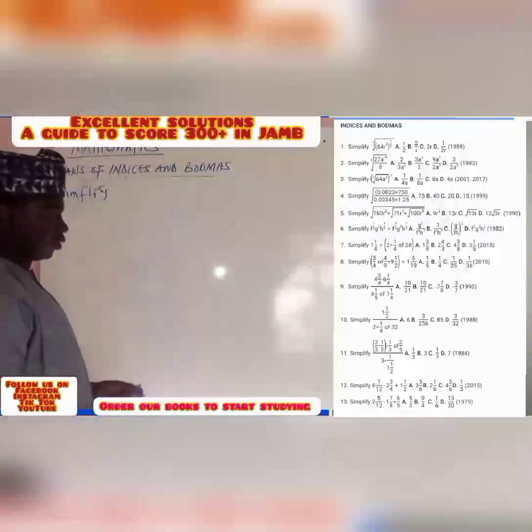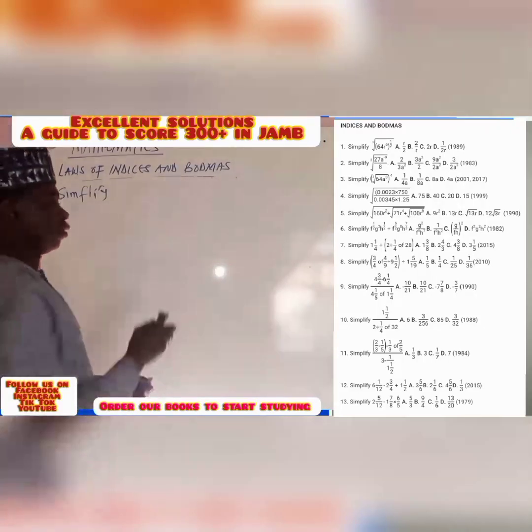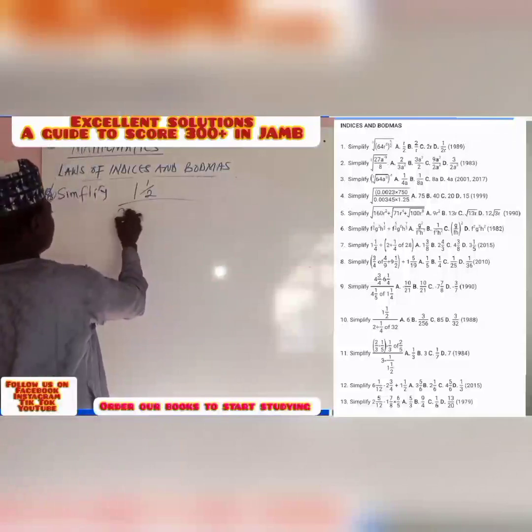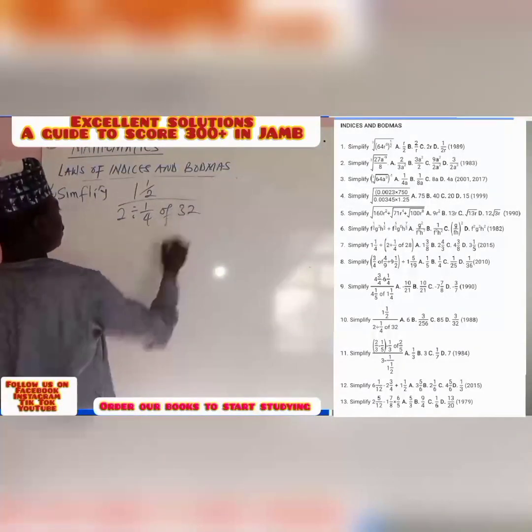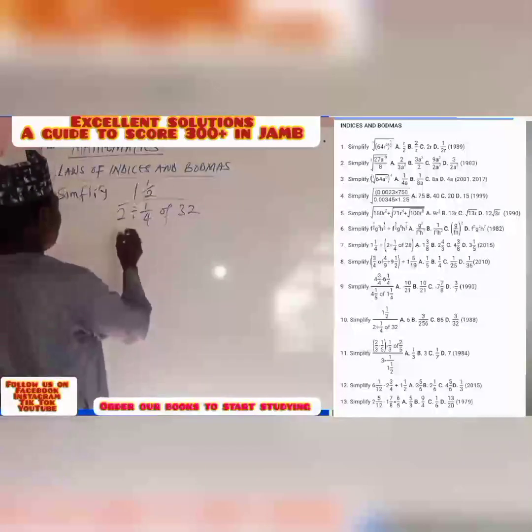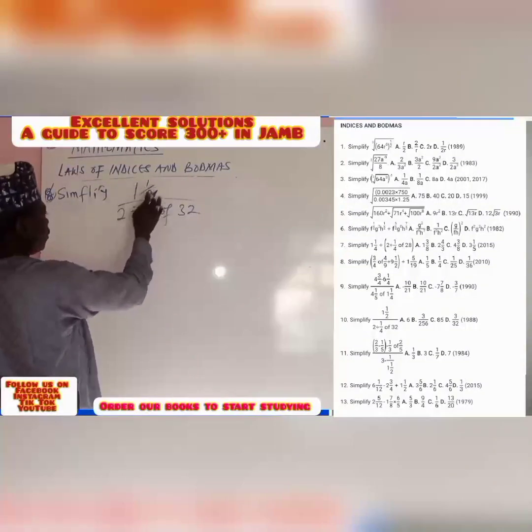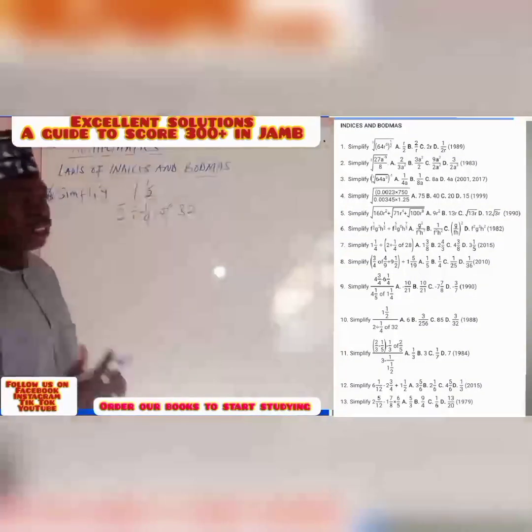Then question 10. Question 10 says simplify 1 whole number 1 over 2 over, we have 2 divided by 1 over 4 of 32. So one thing that we need to look here is this is the same as 1 times 2 is 2, 2 plus 1 is 3.